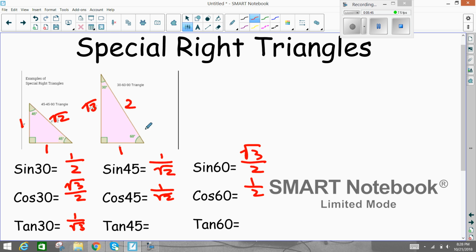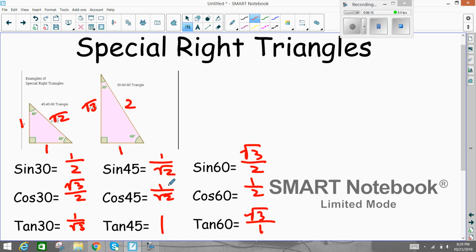And then this is 1 over root 3. You know that because the 30-degree angle is the little guy, so the side opposite the 30-degree angle is the shortest side. 1 over root 3, that's the long leg. Oops, I'm so sorry, that's not correct. Tangent of 45 is, of course, 1 over 1, and the tangent of 60 is root 3 over 1.